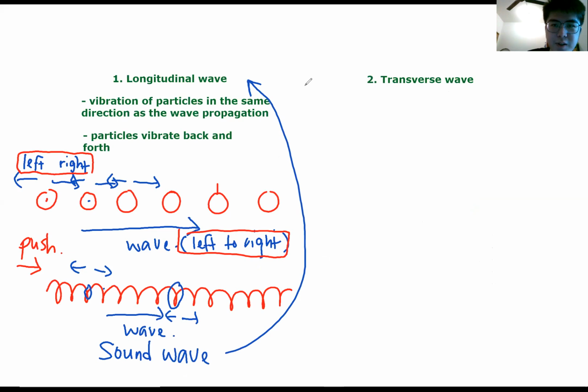Okay, transverse wave. Now what is transverse wave? Write this down.